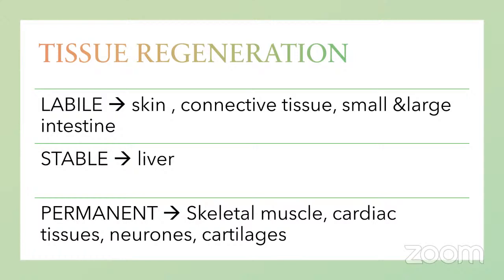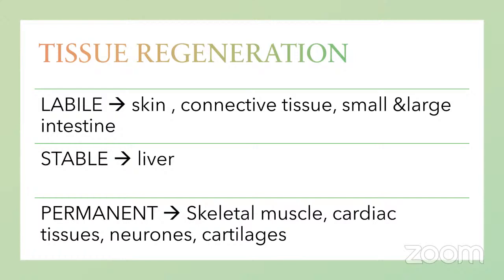Imagine heart tissue is damaged. For example, an MI happened and blood supply was poor, and an area of the heart got some kind of injury or wound. How is that area healed? Only scarring can happen.